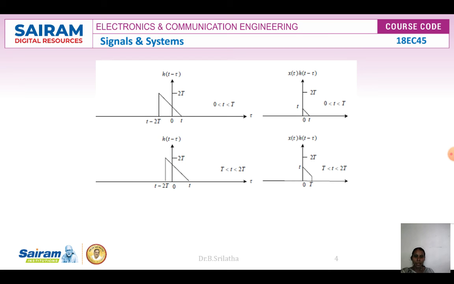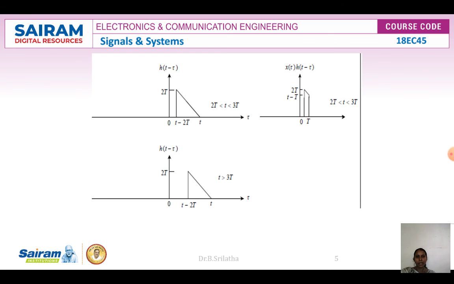So it exists from 0 to T, T to 2T, and 2T to 3T. If you multiply, the product of these two gives x of tau into h of t minus tau.